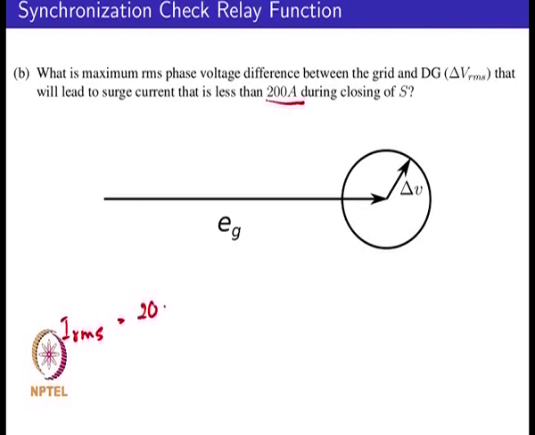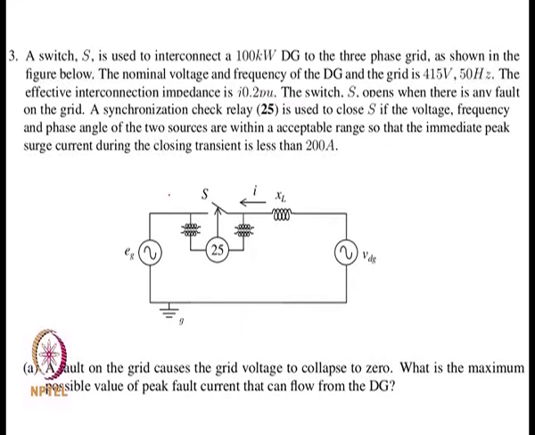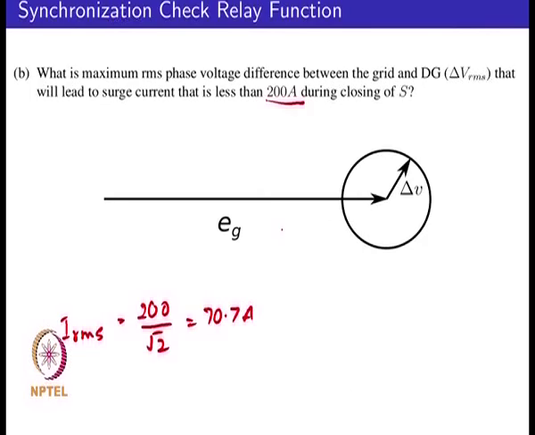200 by root 2 is 70.7 amps, and if you look at the circuit, the error between your grid voltage and your DG voltage is the voltage that is being applied across the inductor. So, you want to ensure that the voltage being applied has a magnitude such that the resulting RMS current stays below this 70.7 amps.